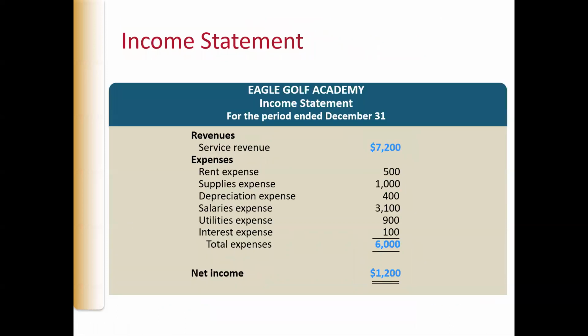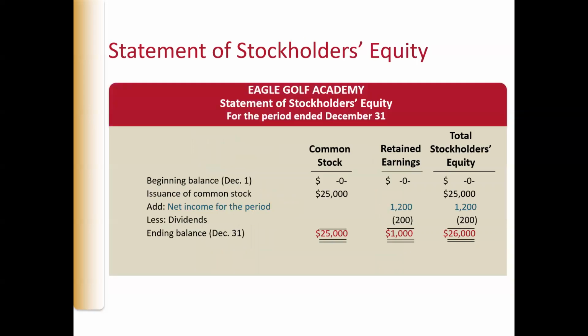So here is our income statement. As you see, the income statement only contains revenues and expenses. The statement of stockholders' equity deals with the changes that occurred with common stock during the period, and the changes that occurred in retained earnings, which we know begins with the beginning balance.